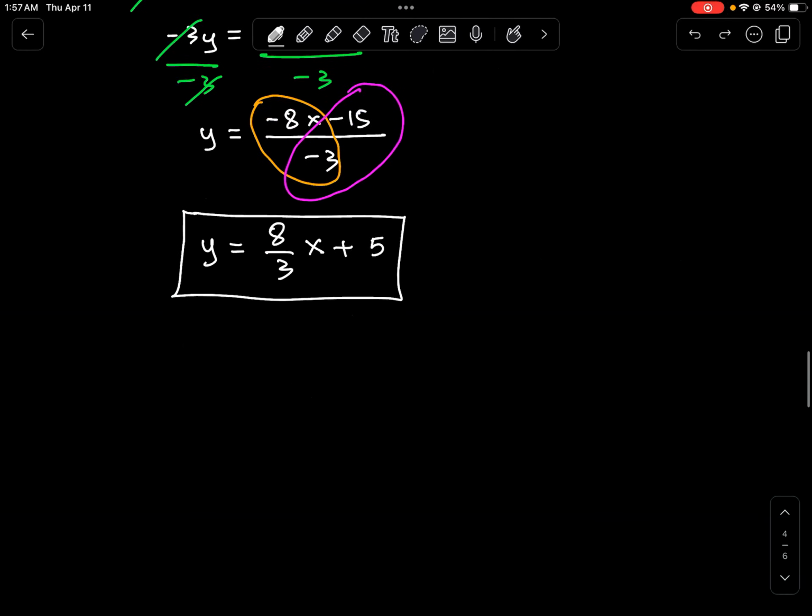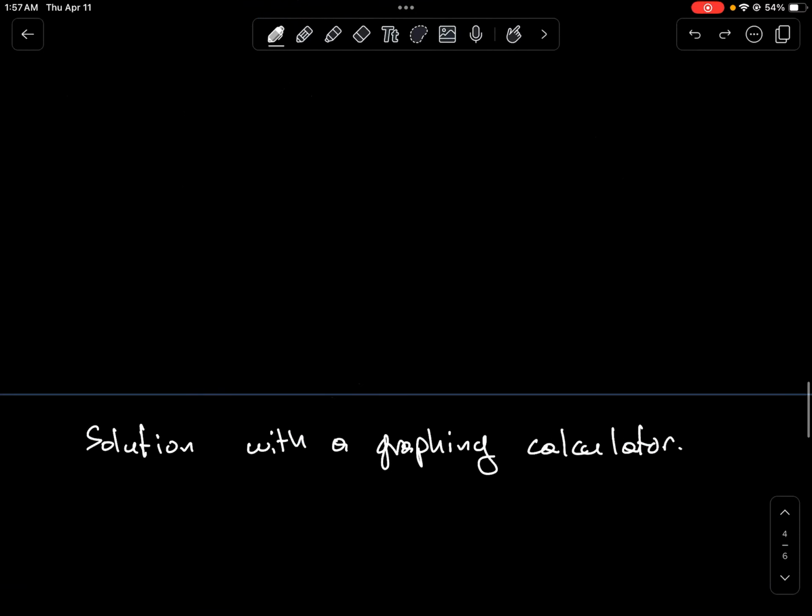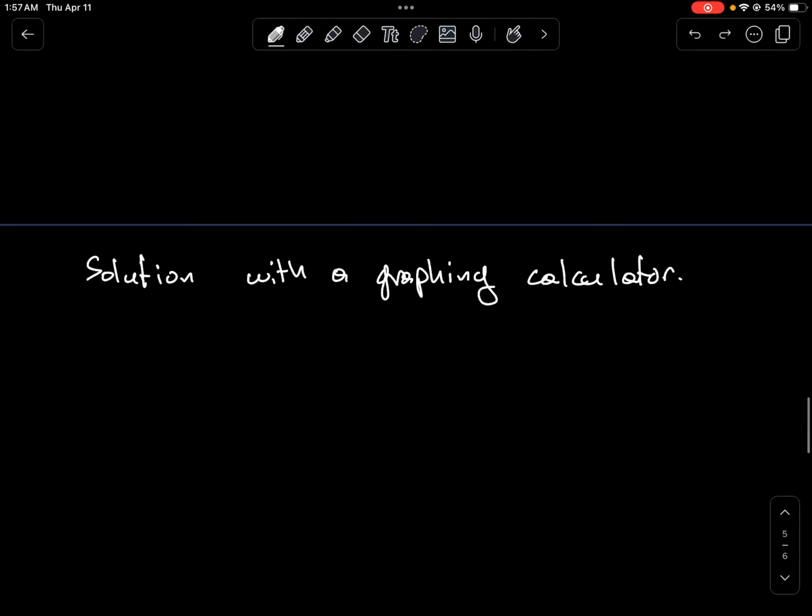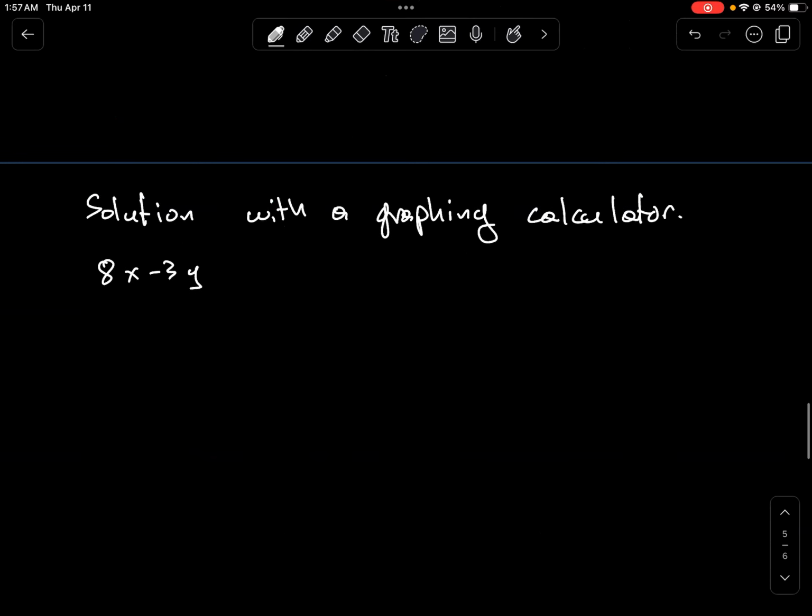And compare the solution. Okay, so we have 8x minus 3y, and that was equal to negative 15. And we need to get the slope-intercept form. To utilize the graphing calculator, we need to have y isolated.